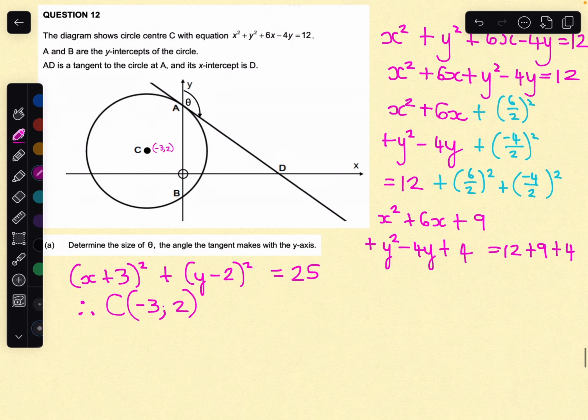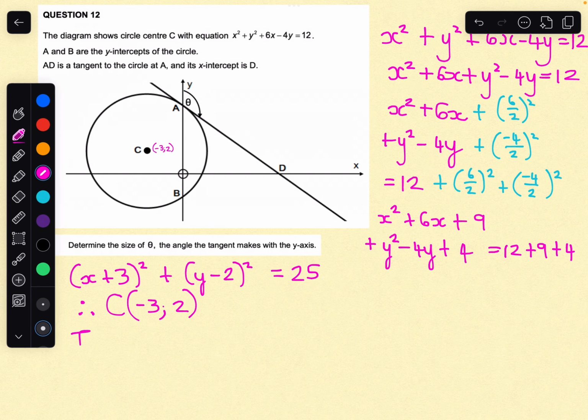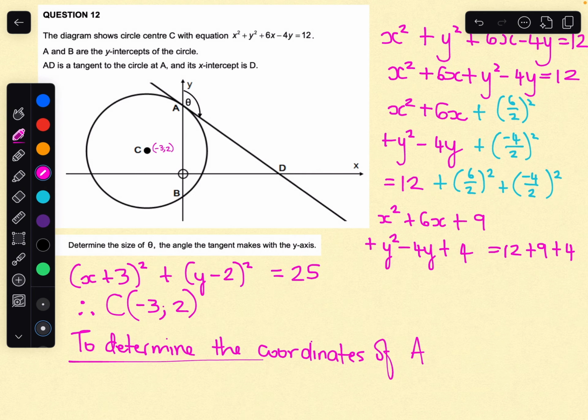So we are going to say, to determine the coordinates of A, we're going to figure out when x is equal to 0, what is the value of y.